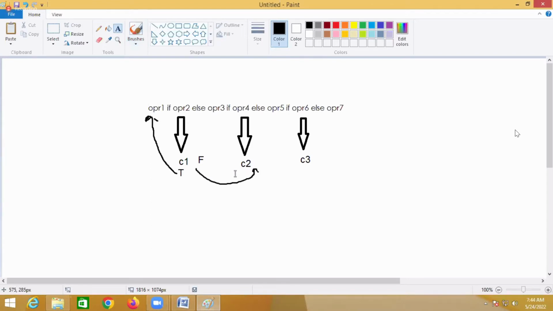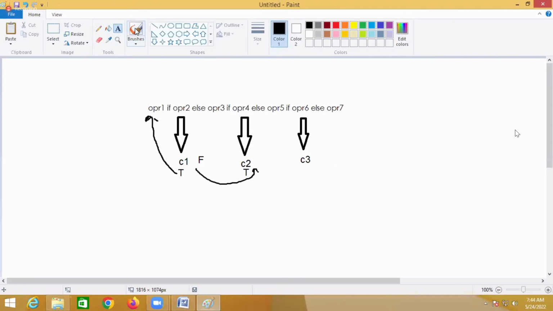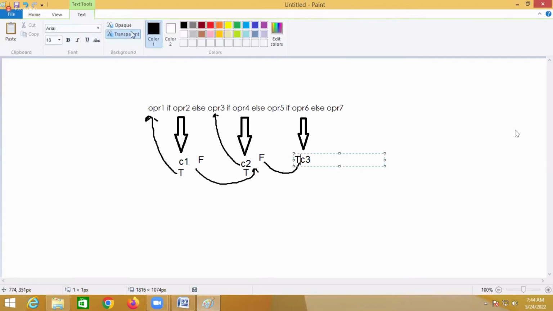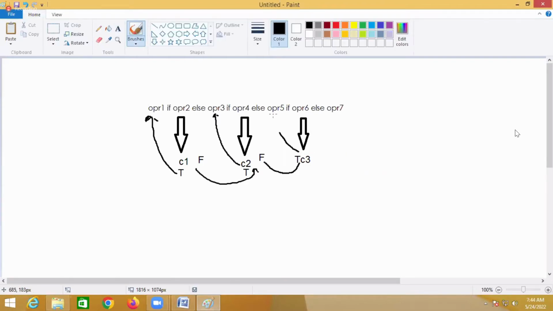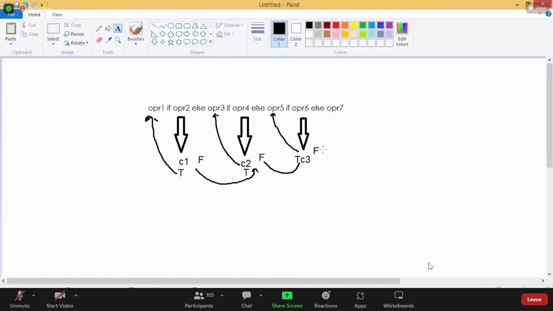If condition 2 is true, then it will execute operand 3. If condition 2 is false, it checks condition 3. If condition 3 is true, then it executes operand 5. If condition 3 is false, it executes what? Operand 7.